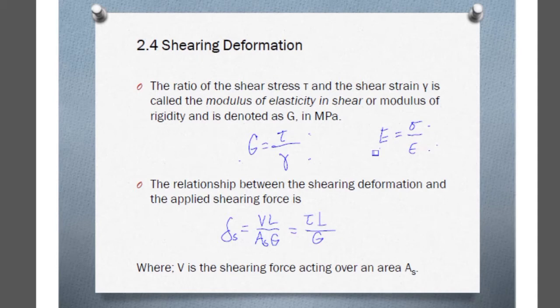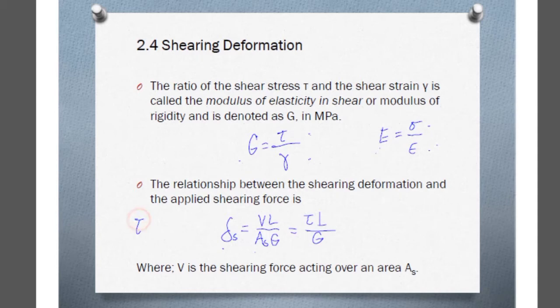So the relationship between the shearing deformation and the applied force is the deformation here is VL over ASG. So V is the shear force, L is the length, AS is the shear area, and G is the modulus of rigidity.